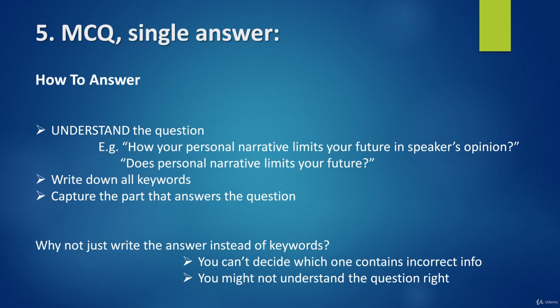Because first, you might narrow down to two options, for example, and then you can't decide which one contains incorrect details, incorrect information, and so is the incorrect one. If you didn't write down the keywords, you won't be able to do that. That's when those keywords from those little details and supporting ideas and examples can help you.